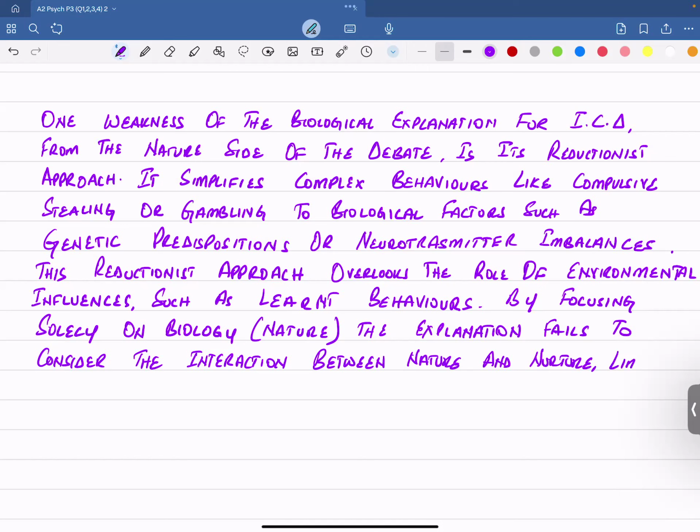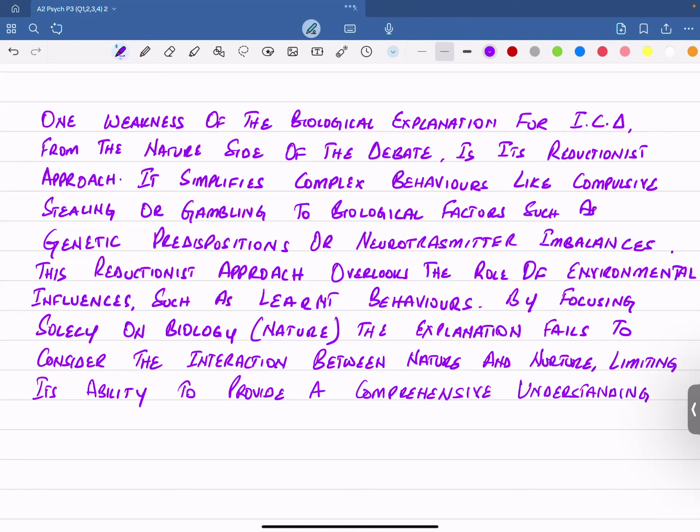And by doing so, you're actually limiting its ability to provide a comprehensive understanding, or to be able to develop a holistic treatment plan.